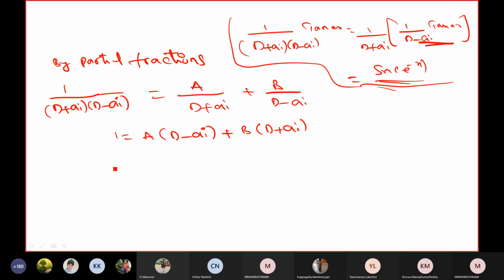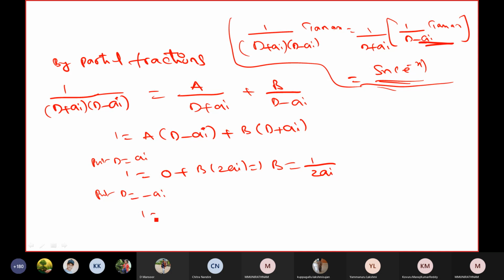Okay, put d equal to ai: B into 2ai, so that is 1 by 2ai. Put d equal to minus ai: minus 1 by 2ai, right?